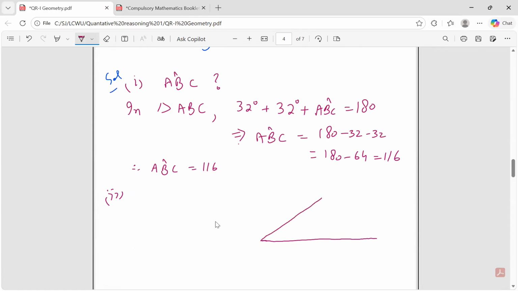That is an isosceles triangle because you are given that this length AC is equal to the length CE. These two lengths are equal. This angle is 32 degrees. Since the length AC is equal to length CE, the triangle ACE is isosceles.